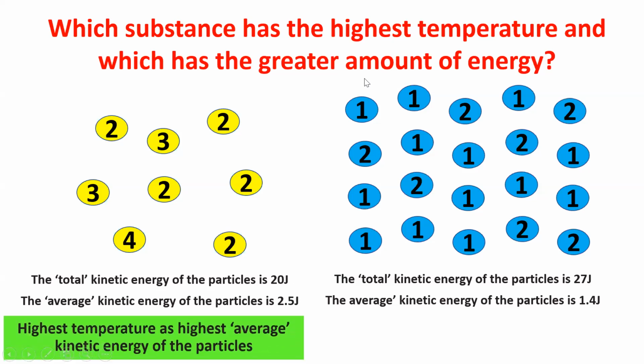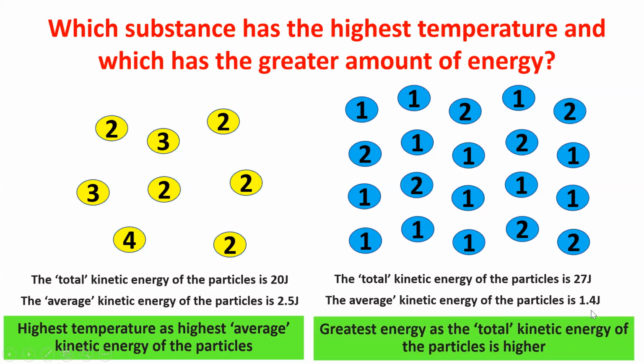So that means this yellow substance on the left-hand side has got the highest temperature because it's got the highest average kinetic energy of its particles at 2.5 joules, which is higher than 1.4 joules.